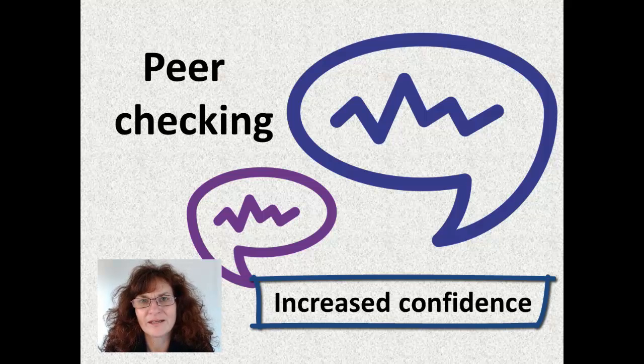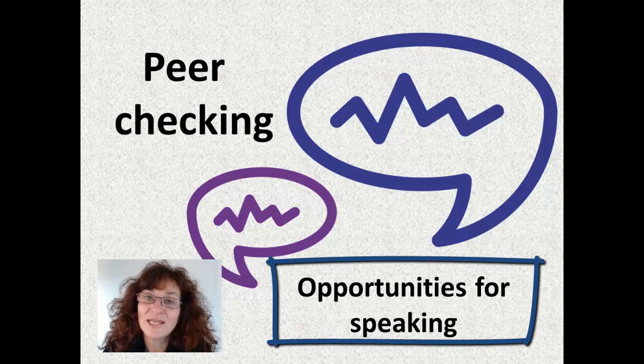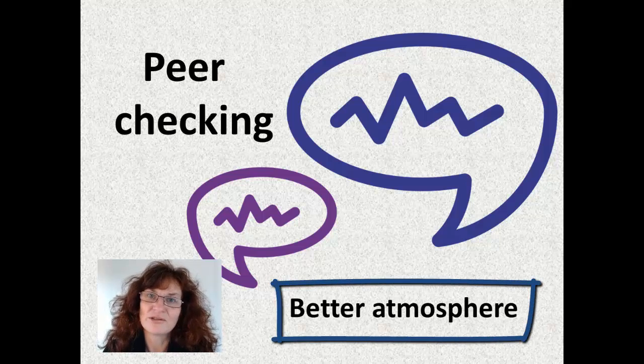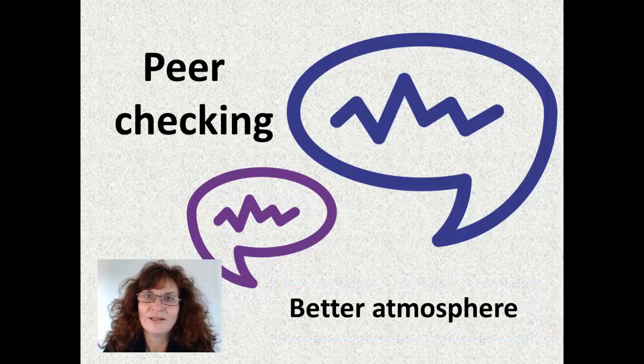The other thing that is connected with that is that this gives more opportunity for speaking practice, which is clearly always a good thing. And I think just generally you get a better atmosphere in your classroom if you do things this way. So aim to always have peer checking as part of your feedback cycle.